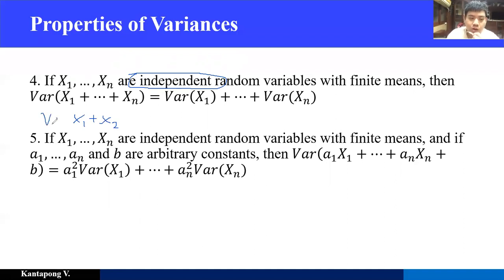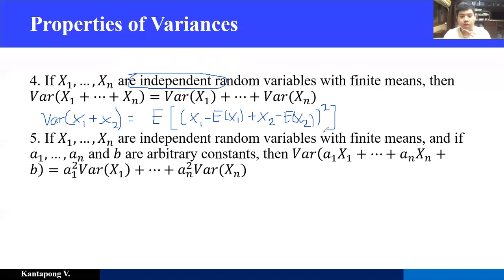The variance of X1 plus X2 is going to be the expectation of (X1 - EX1 + X2 - EX2) squared.